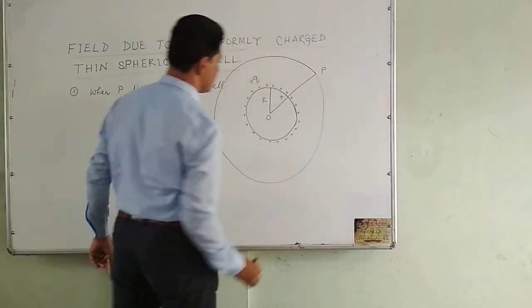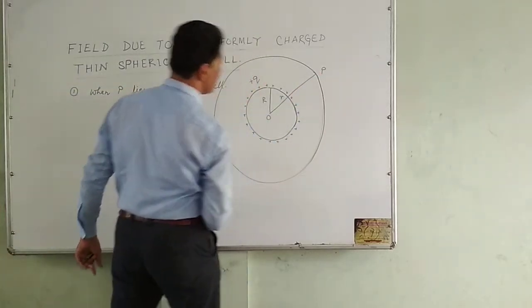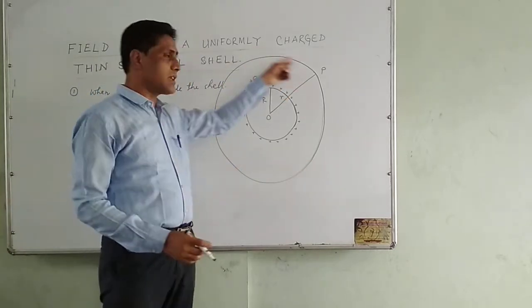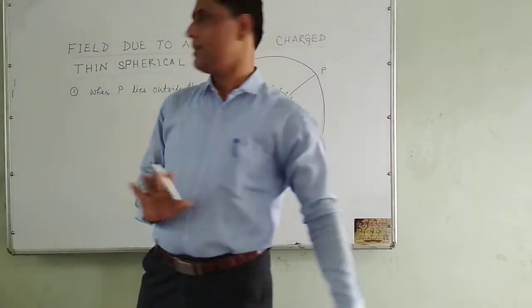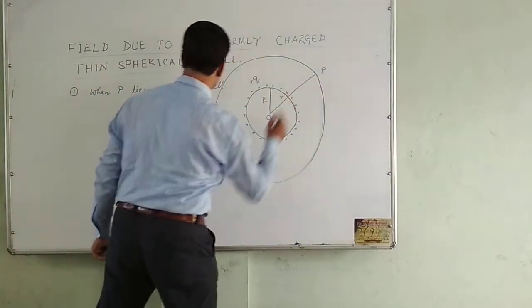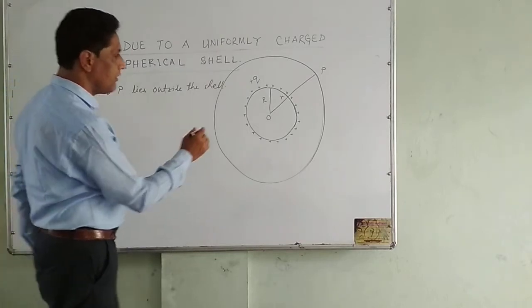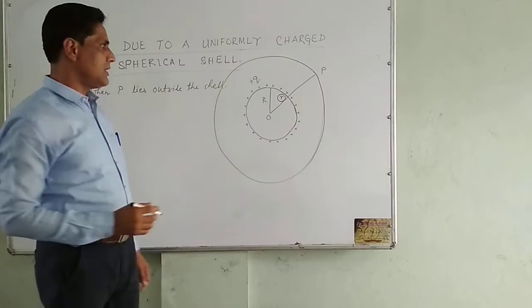This is the Gaussian surface. If you consider any point on this Gaussian surface, the value of electric field will be the same. So P is a point on the Gaussian surface of radius small r, which we have already considered.